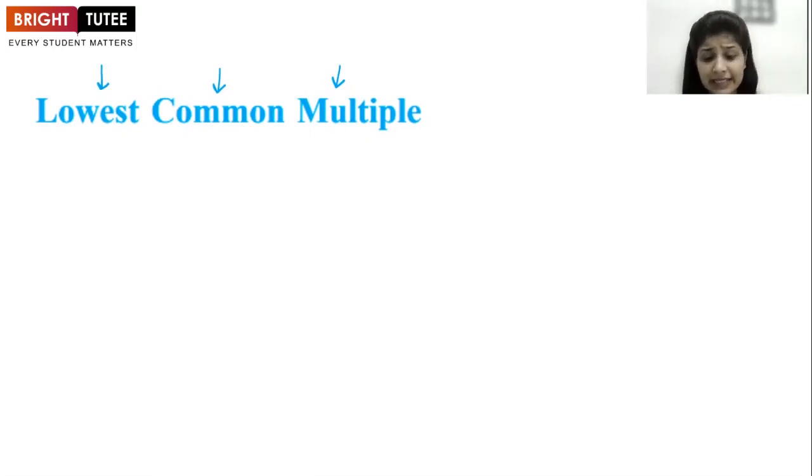Let's take an example where we have the numbers 4 and 6. Write down the multiples of 4.